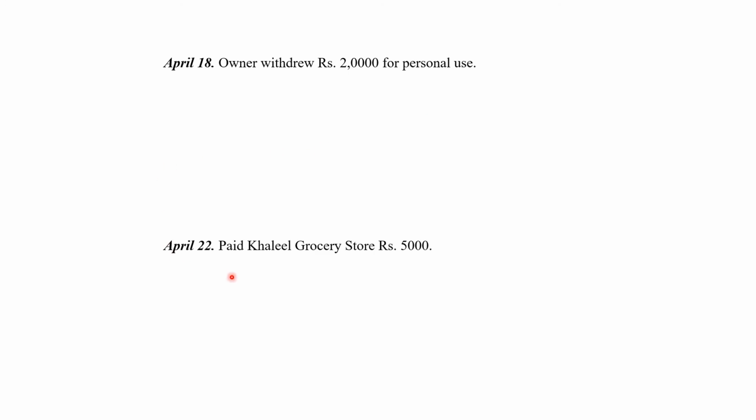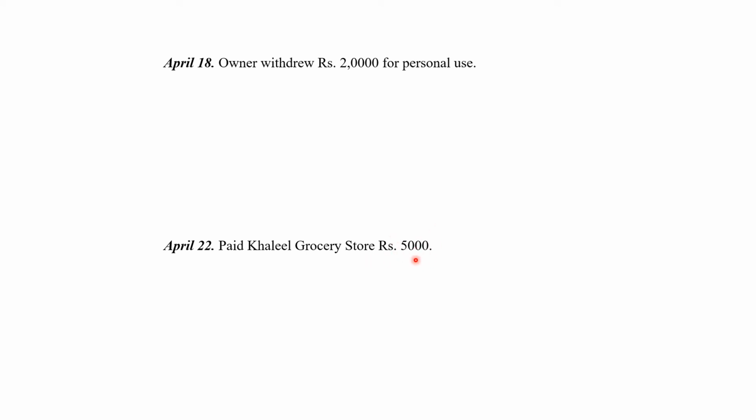Similarly, if you have paid Khalil grocery store rupees 5,000. So we had picked up some goods from here. I think it was worth about 12,000 perhaps, but that doesn't matter. So right now we have paid how much? 5,000. So what has gone out? Cash, right? 5,000 has gone out.